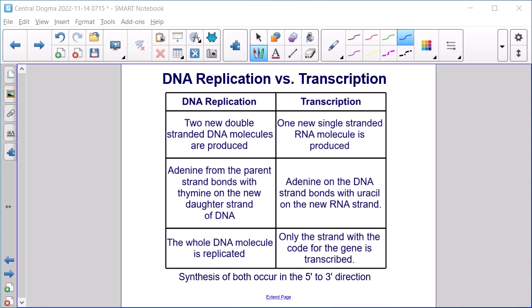In DNA replication, the whole DNA molecule is replicated, whereas in transcription, only the strand with the code for the gene is transcribed. In both cases, the synthesis occurs in the 5' to 3' direction.